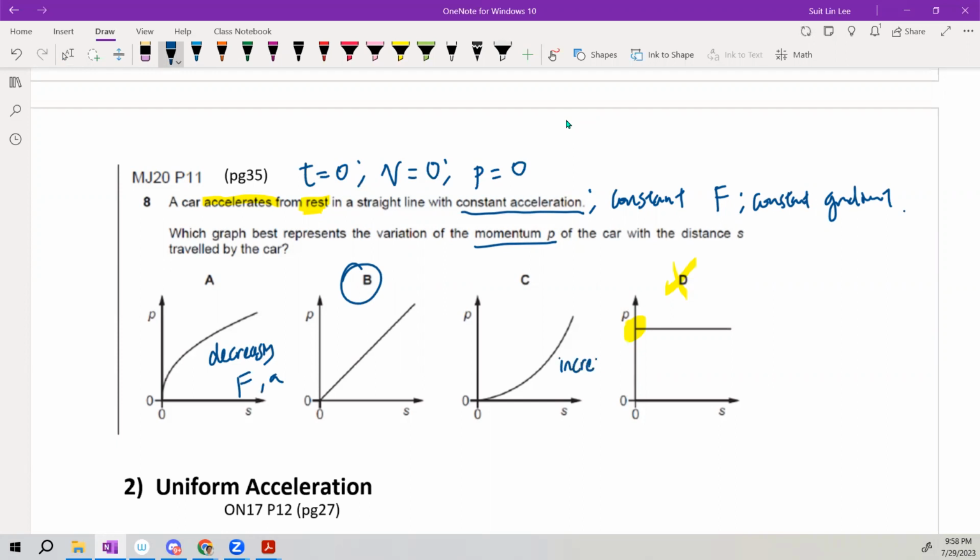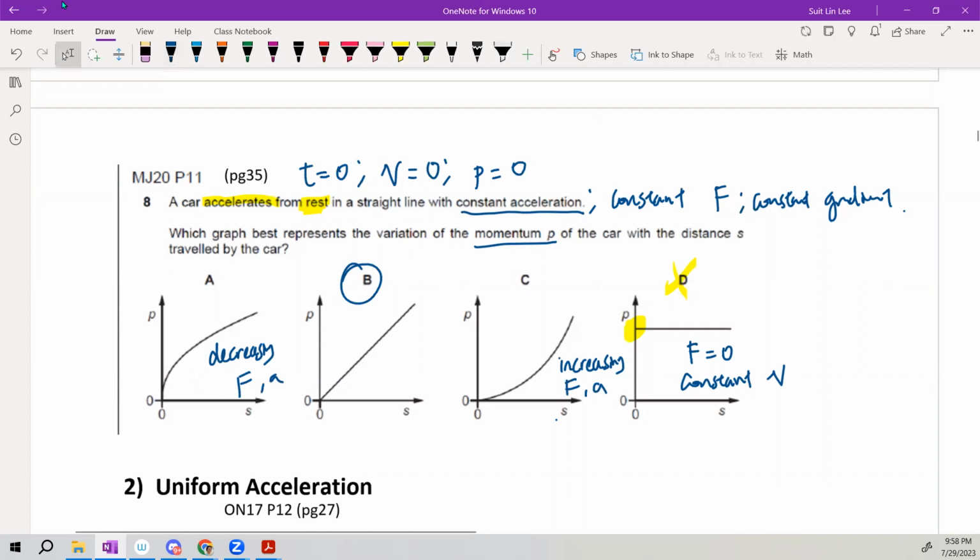This one is increasing force or increasing acceleration. And for D, the force is just 0 lah. Okay, constant speed. So if we know how force is acting, we can also deduce how the motion is changing.